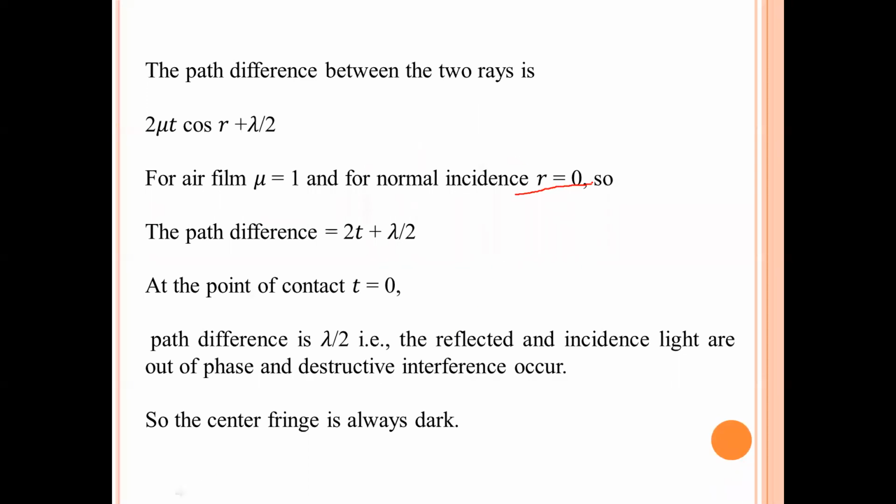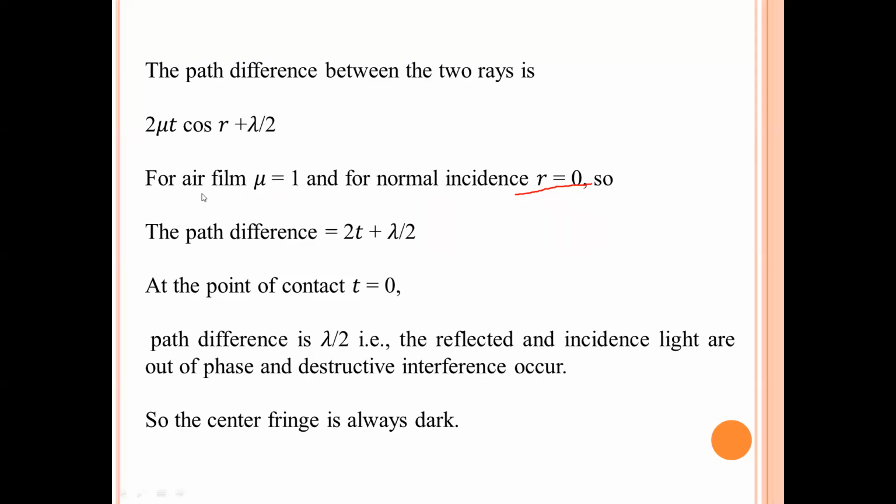So, in normal incidence, small r is equal to 0. For the air film, mu is equal to 1. Now, substitute these two values, mu equal to 1 and r equal to 0.